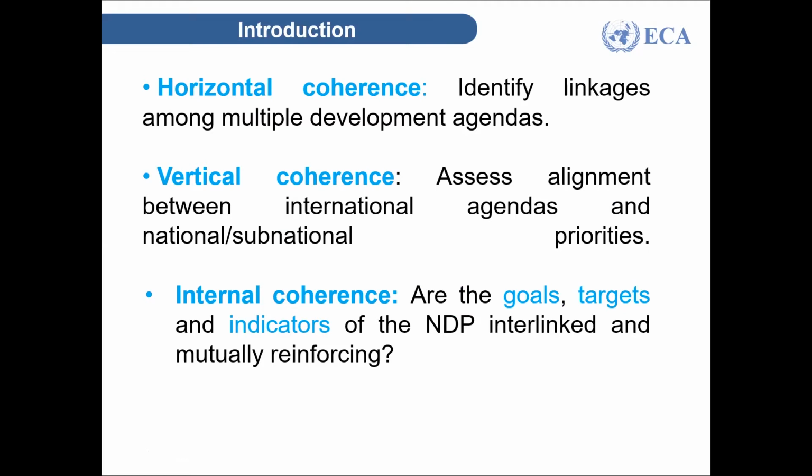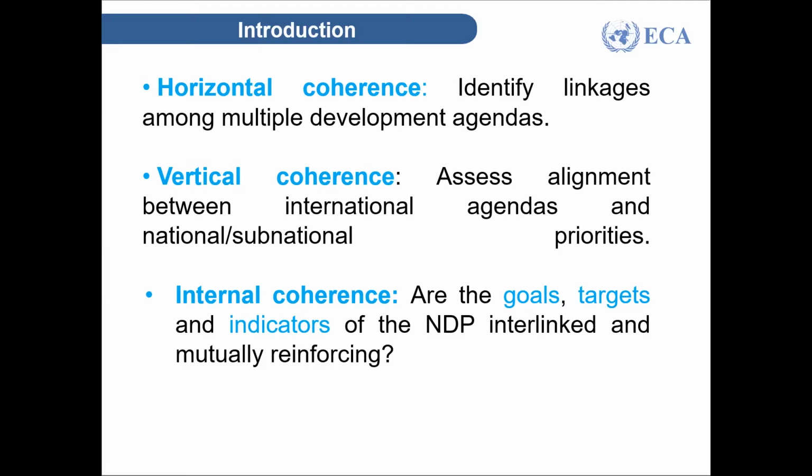If you are looking at the alignment between different continental and global development agendas, that's what you call horizontal coherence. We are looking at two or three global development agendas, whether they are aligned or not.